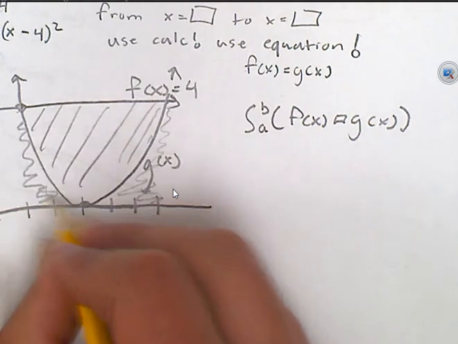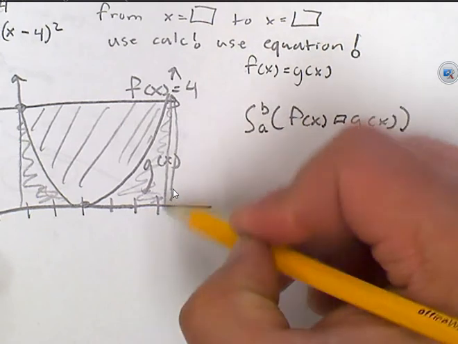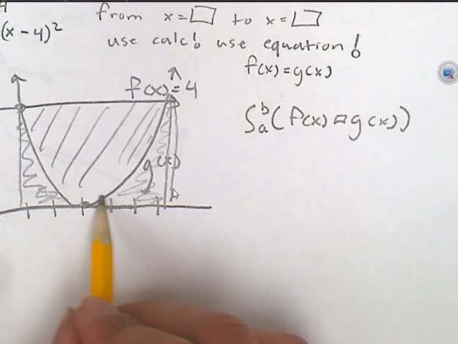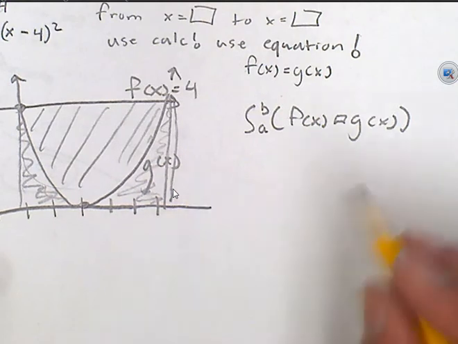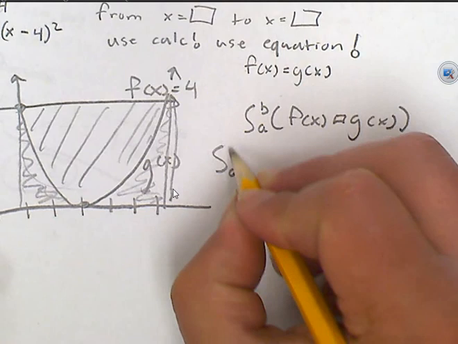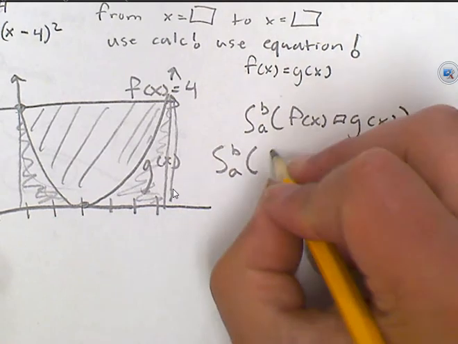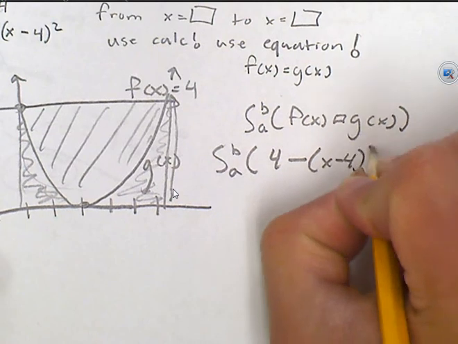This is the f of x area, a big old block. I need to subtract out the area under g of x to get this area right here. Here's the problem: I don't know a and b. I know f of x is 4 and g of x is x minus 4 squared, dx.